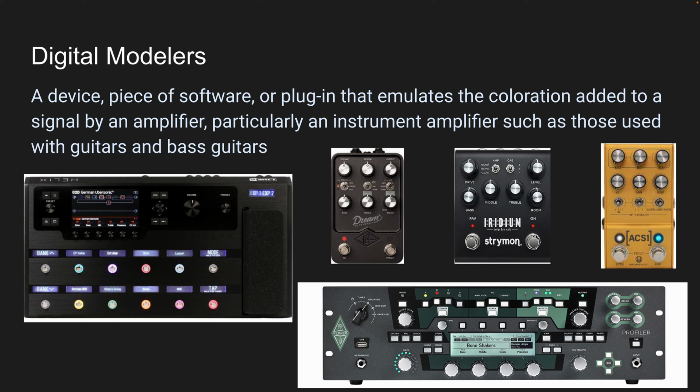And then you also have pedals that are modelers. So Universal Audio has their series that has a Fender style amp simulator, a Vox amp simulator, and then they also have a Tweed Fender style amp simulator. So this is Blackface Fender style amp simulator.